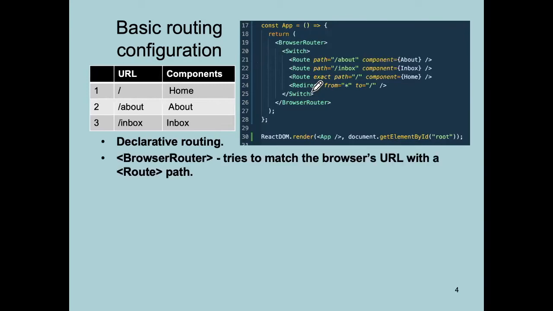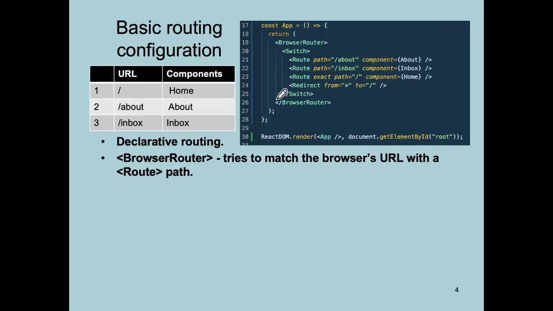So the browser router essentially tries to match the browser's URL. Whenever the browser's URL changes, this browser router component kicks in straight away. Sorry, just to rewind a little bit. When the browser's URL changes, that's effectively a browser event.